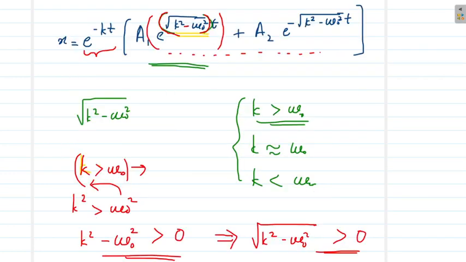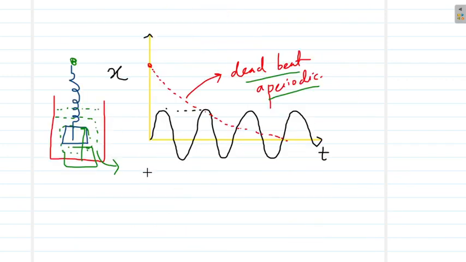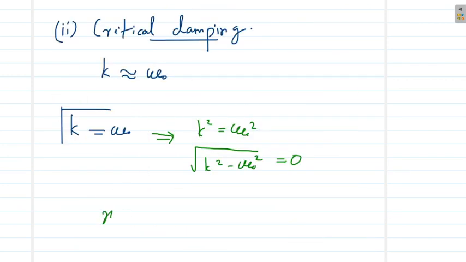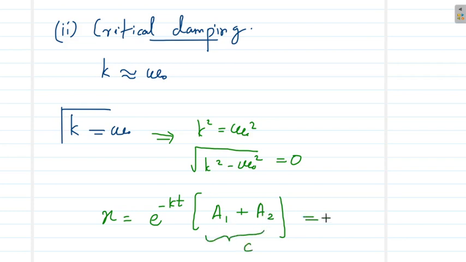So what will be the solution of x? It will be simply x is equal to e raised to minus kt into a1 e raised to 0, which is 1, plus a2 e raised to 0, which is again 1. So let me call this term a1 plus a2 as c. This is simply c e raised to minus kt.